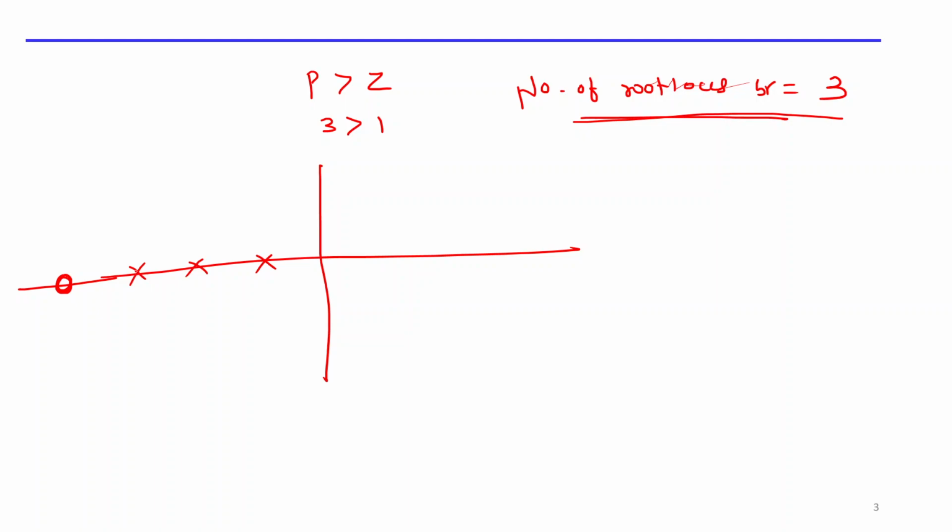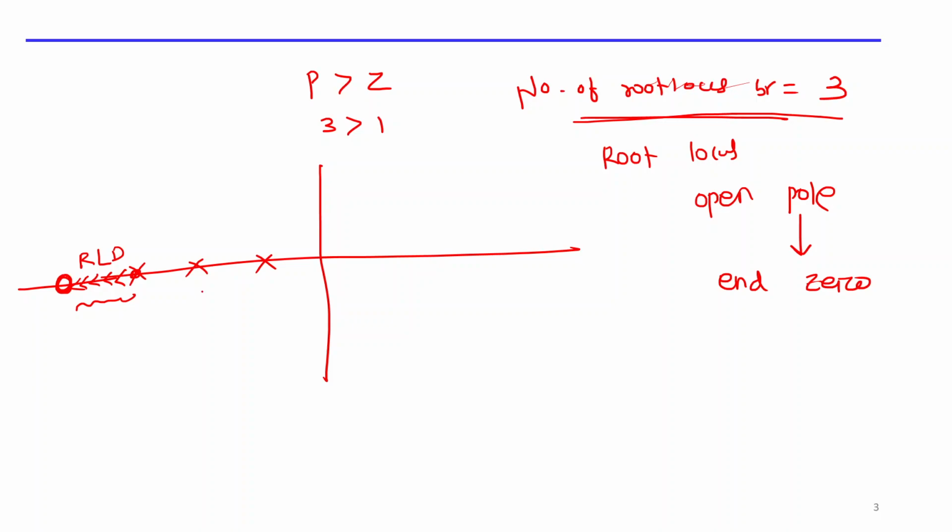It means suppose one pole starts from here and ends here at the zero, because you know that the root locus diagram starts at an open loop transfer function pole and ends at an open loop transfer function zero. So whenever one pole meets a zero, then one root locus branch is complete. So I can say that this portion is called a root locus diagram.